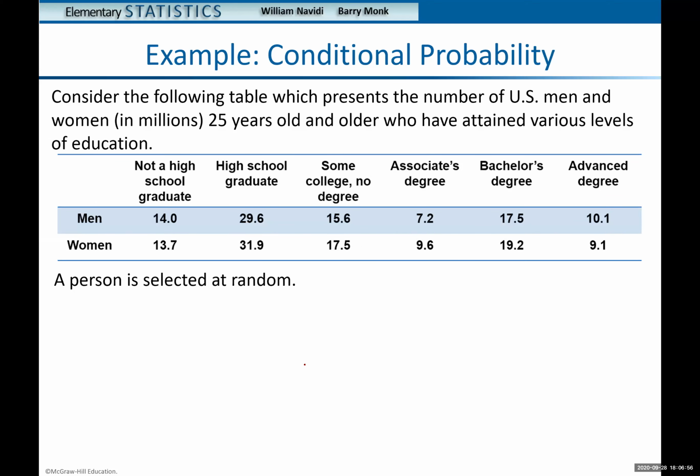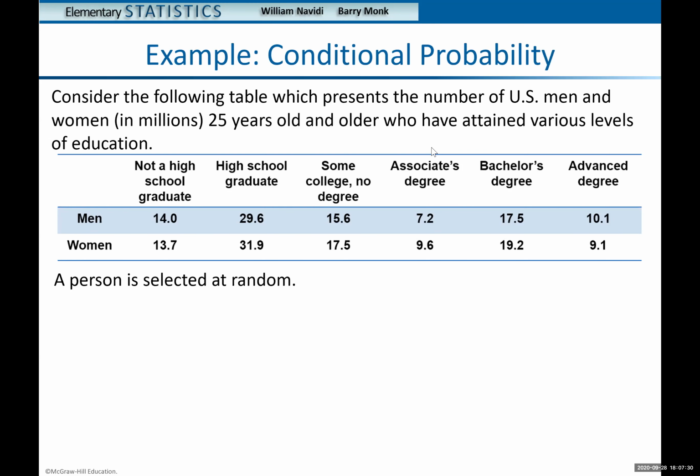All right, so for an example, consider the following table which presents the number of US men and women, in millions, 25 years old and older who attained various levels of education. For men and women, we have not a high school graduate, 14 men, women 13.7, high school graduate, some college no degree, associate's degree, bachelor's degree, and advanced degree.